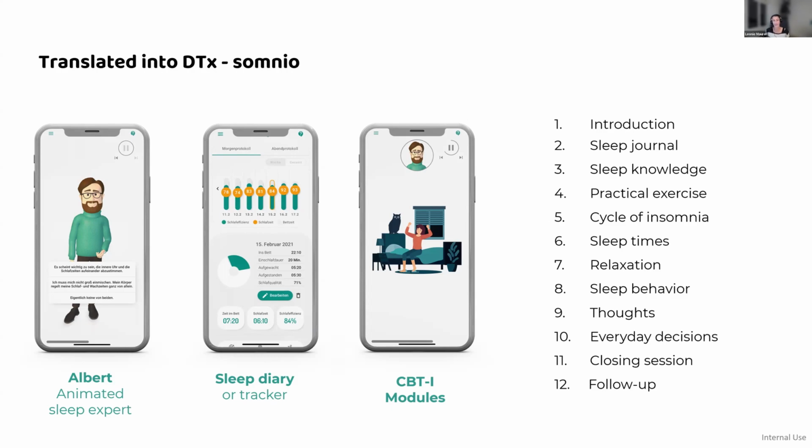He's basically an animated sleep expert. He also asks questions and then offers basically also the option to have a bit of an individual path. So depending on the answers, you get delivered different content. So maybe some things are more interesting to you than others. So with this avatar, we have the option to guide the patient a bit more on an individual basis, but also this might be possible to do with a chatbot, for example.